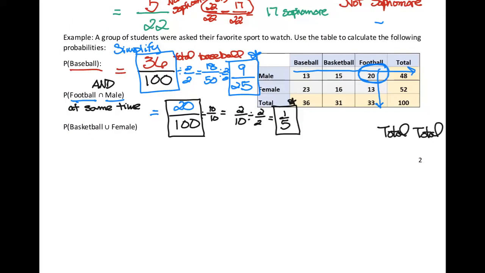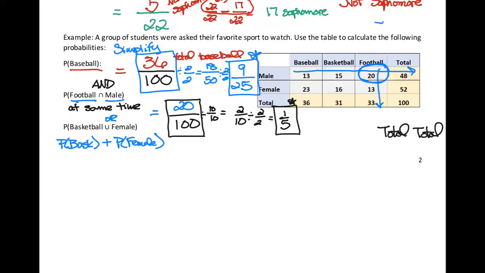This is the probability of basketball or female. Basketball or female. So we want the probability of all that like basketball, plus we want all the females, okay?